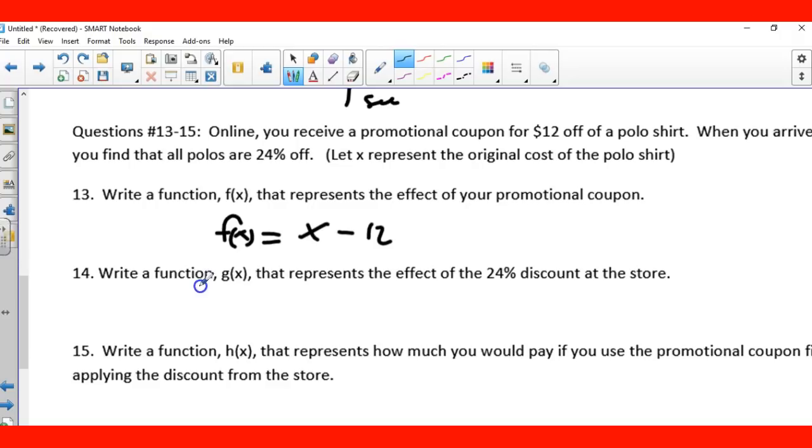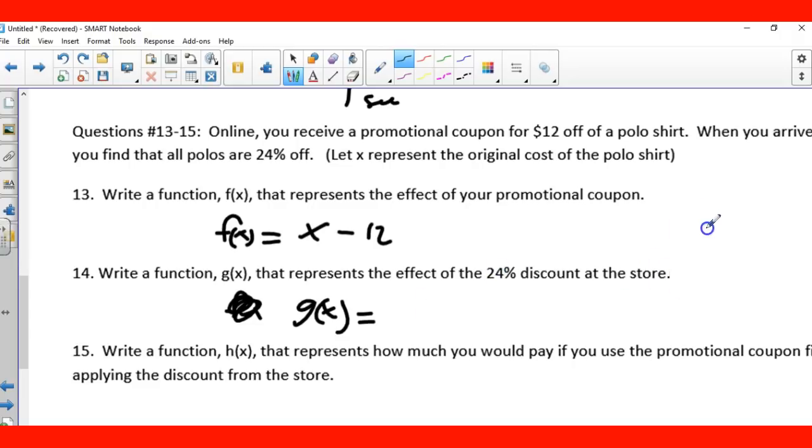Now, this one says write a function that represents the effects of 24% discount at the store. Well, look, if I'm taking 24% off, how much of that actual price would you have to pay? Alright, so for g of x, I want you to think about it, right? If you pay 100% of the price, you'll pay whatever the price is. But you're taking 24% off.